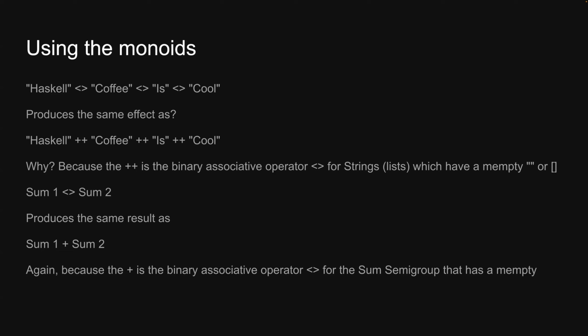So sum1 plus sum2 is the answer sum3. And if you wanted the value from inside the sum, there's a function called getSum, available on some types, that would allow you to get the numeric value of what that sum was.